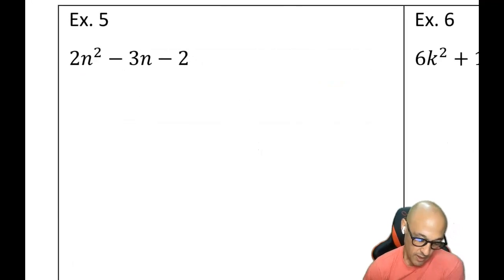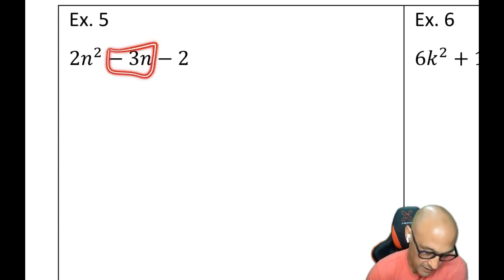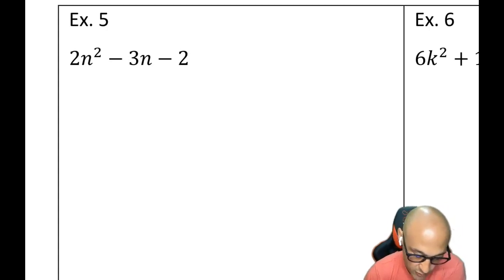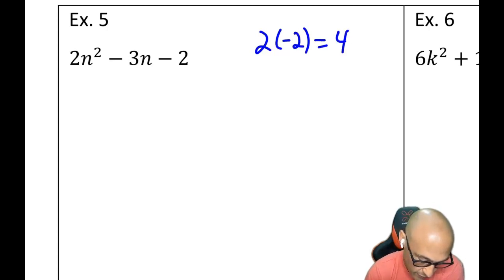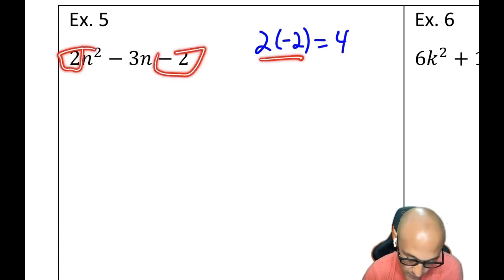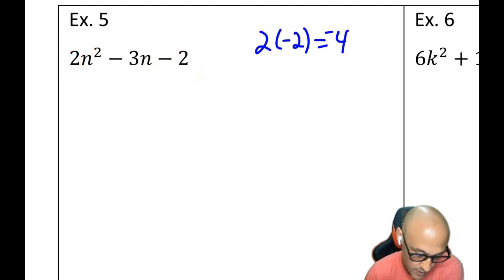So what we can see here is the middle term needs to be split, and we need to split it so that when we multiply the two coefficients, they equal 2 times negative 2, which is negative 4. And that comes from 2 times negative 2 equals negative 4. So however we split this, it needs to be split so that the coefficients equal negative 4.